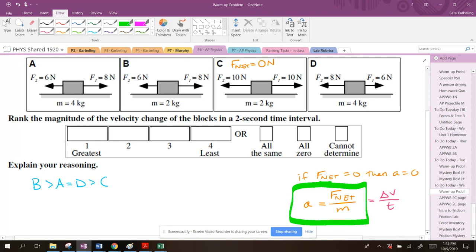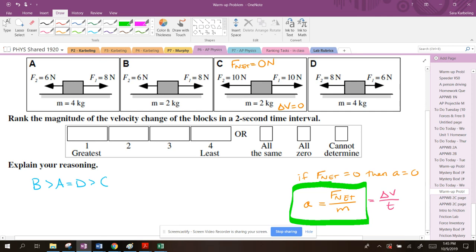The only reason it can be the velocity change is because the time is the same for all of them. If each had different time intervals, it wouldn't necessarily be the same change in velocity. So you've got to put all of those pieces together. Okay, so you're telling me that the change in velocity for C is 0. I'm cool with that.